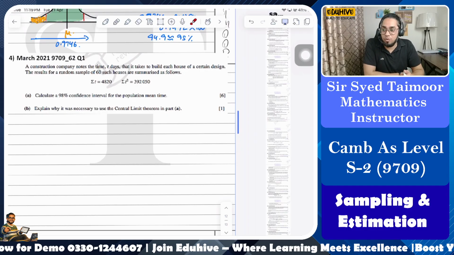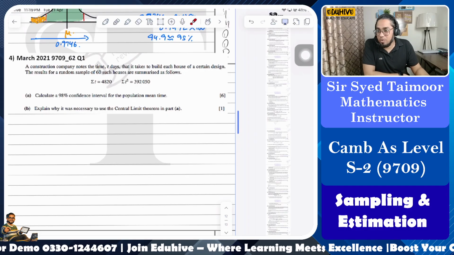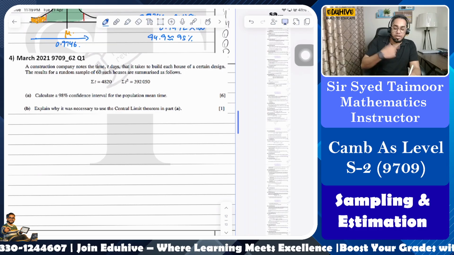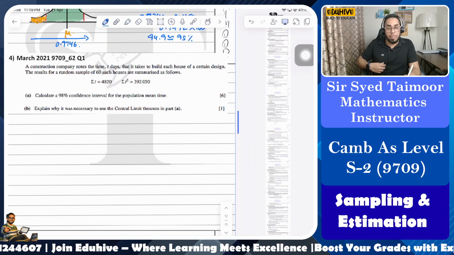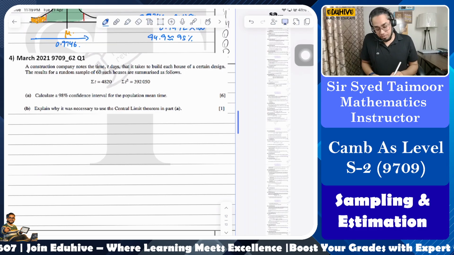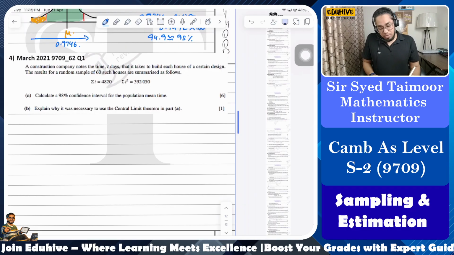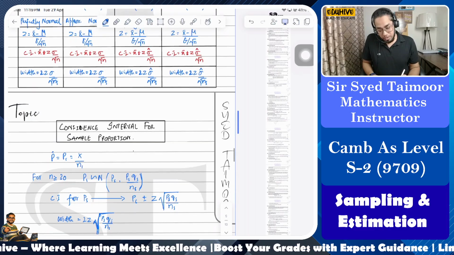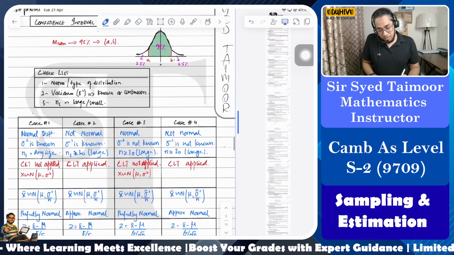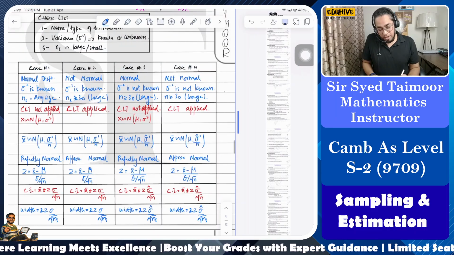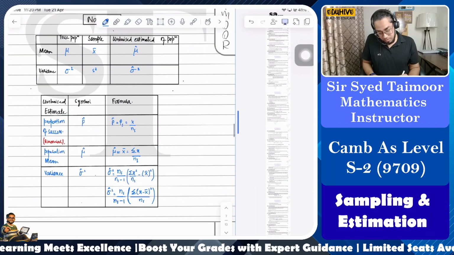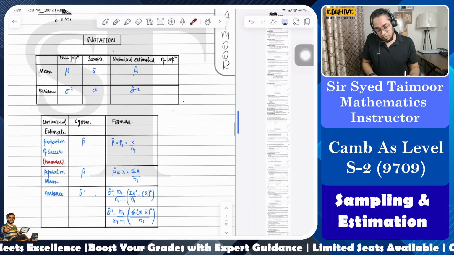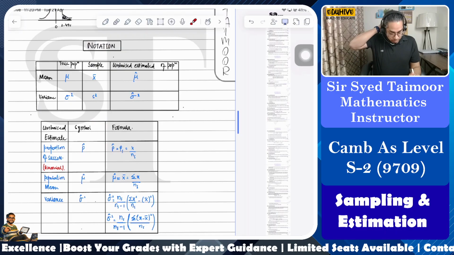Okay, so we have to go for the 98% confidence interval right now. First of all, they are not telling us the estimated mean, so we can calculate it this way, and then calculate the confidence interval of the population mean from the estimate.